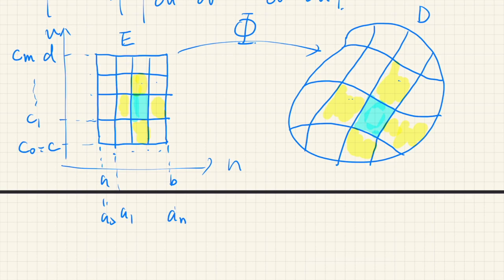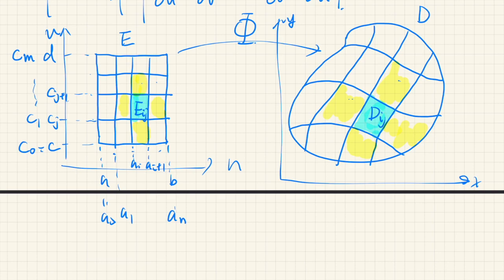Let's label this as EIJ. So this is AI and AI plus 1, and this is CJ and CJ plus 1. The corresponding region in XY space, let's name it DIJ. So EIJ is mapped to DIJ.